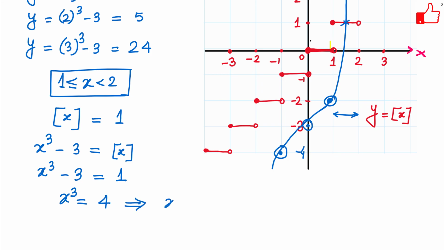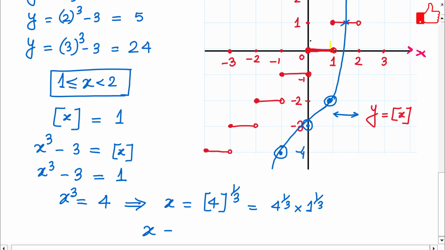This means x equals 4 raised to the power 1 by 3. You can consider this as 4 raised to the power 1 by 3 multiplied by 1 raised to the power 1 by 3. So there will be three solutions.